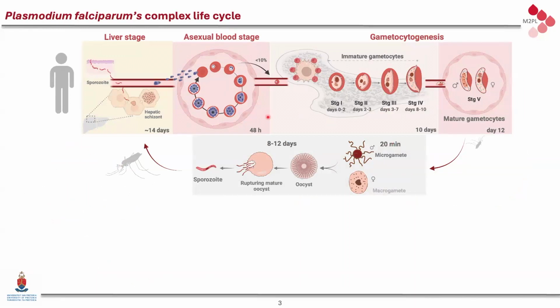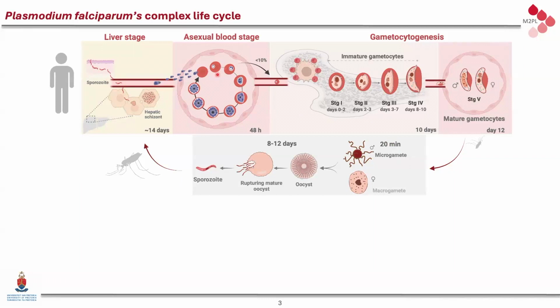So falciparum's life cycle starts off with a single sporozoite entering the bloodstream, moving to the liver and infecting liver cells. Within the liver cell, it undergoes multiple rounds of asexual replication to produce thousands of merozoites, which enter the bloodstream and can subsequently infect red blood cells.